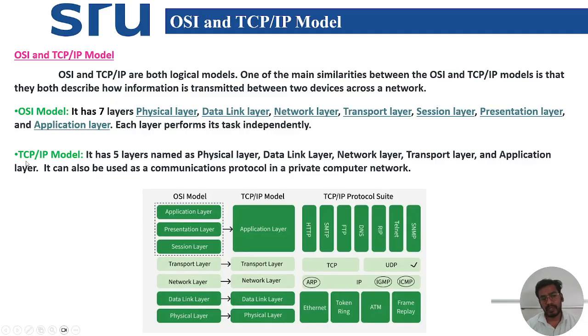Coming to TCP/IP, the transmission control protocol has only five layers: physical layer, data link layer, network layer, transport layer, and finally application layer. It can also be used as a communication protocol in private computer networks. These are some protocols which support data transmission effectively.